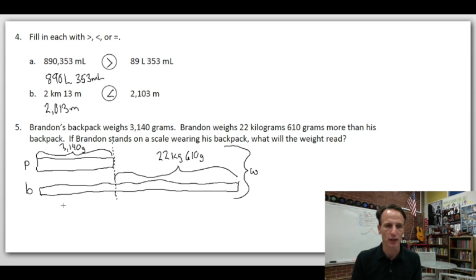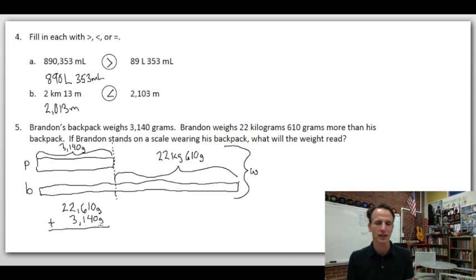All right, so you see why I want to do it that way. 22,000, and we have, don't forget, 610 grams. We're adding that to the weight of the backpack, which is 3,140 grams. And this, remember, is not to give us a final answer. This is just to give us Brandon's weight, because we know how much more he weighs than his backpack.